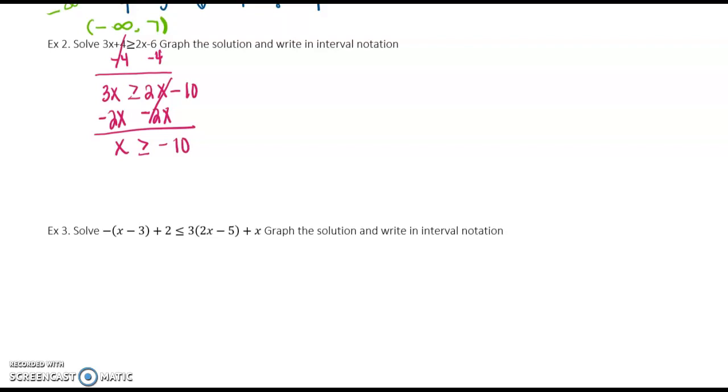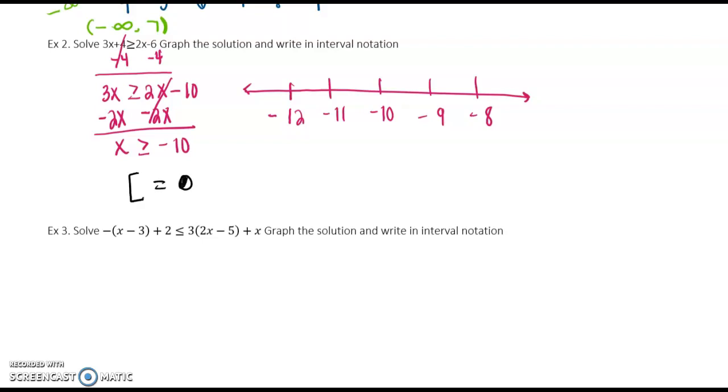So you're going to go ahead and graph that. I'm going to start at negative 12, negative 11, negative 10, negative 9, negative 8. And again, because this has the underline as the equal sign, you're going to use a closed circle. So a closed circle at negative 10, and this is saying x is greater than or equal to negative 10.